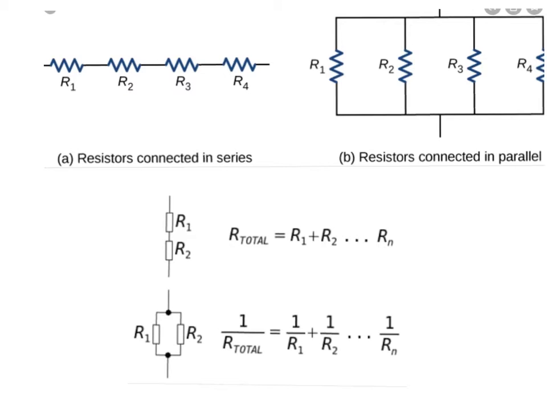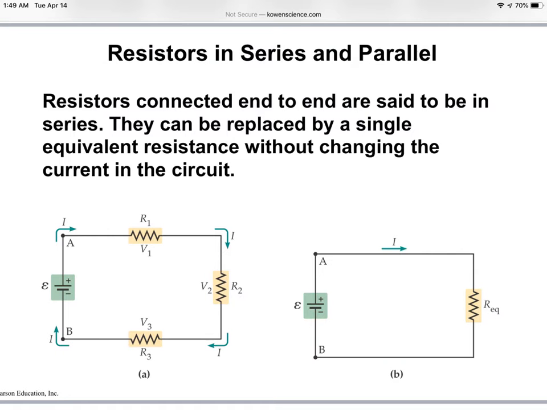Now we're going to look at how we approach solving resistors connected in series and resistors connected in parallel. Resistors in series are connected end to end, and they can be replaced by a single equivalent resistance without changing the current in the circuit.